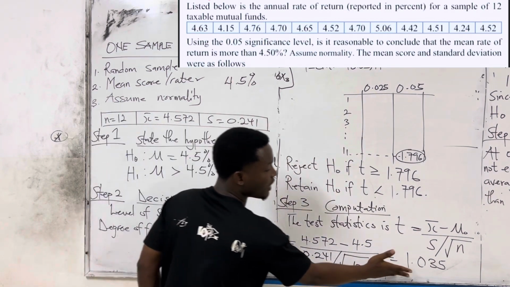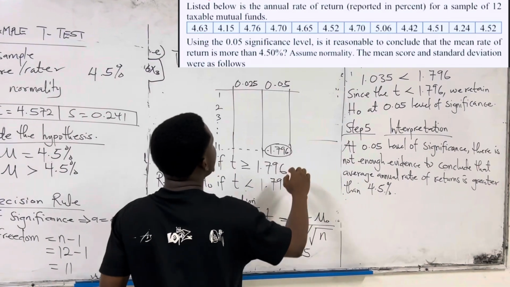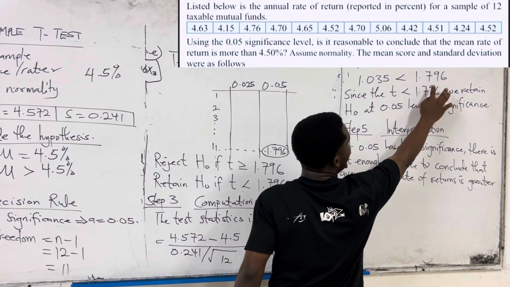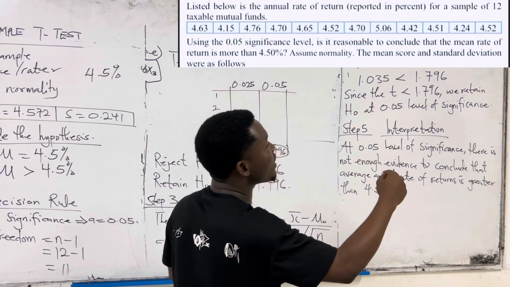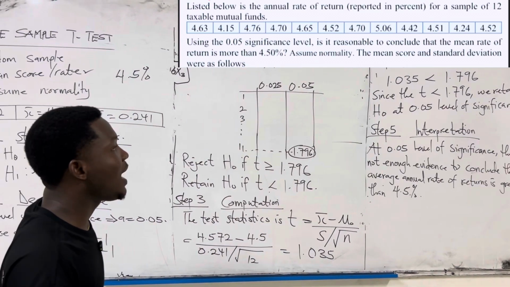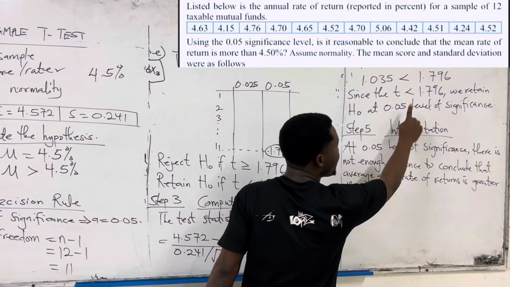After solving, we had our t value to be less than the t critical value, which is 1.796. So since the t is less than the critical value, we retain or accept H0 at the level of significance 0.05.